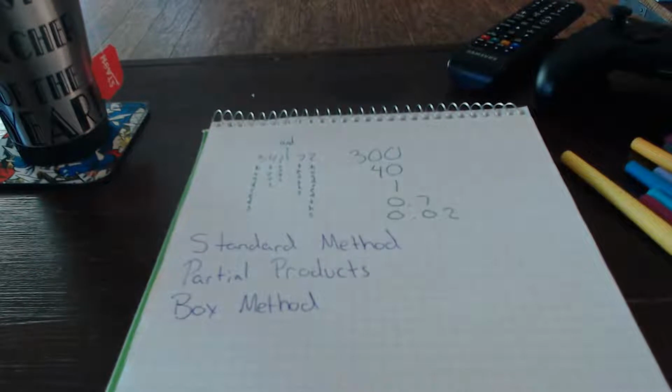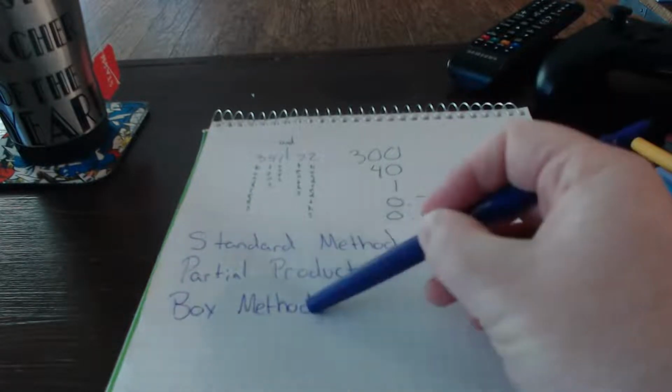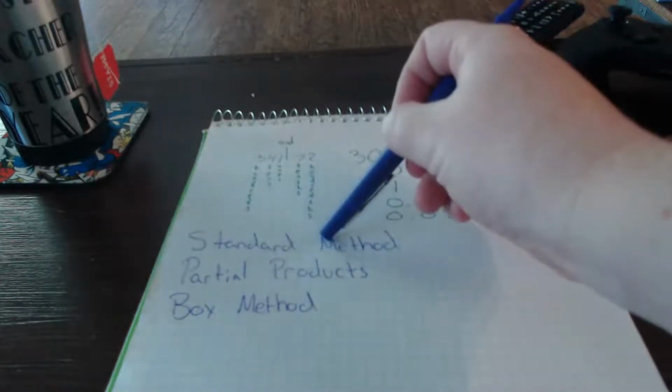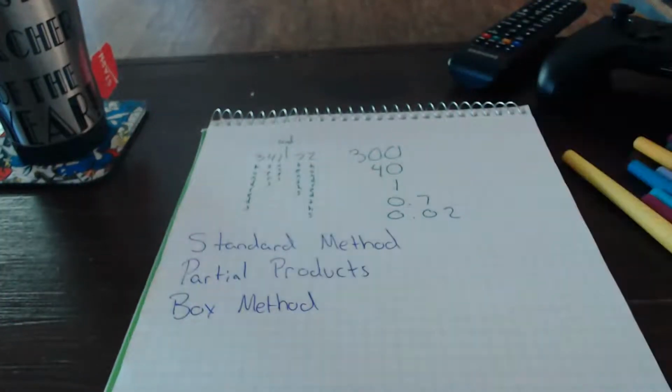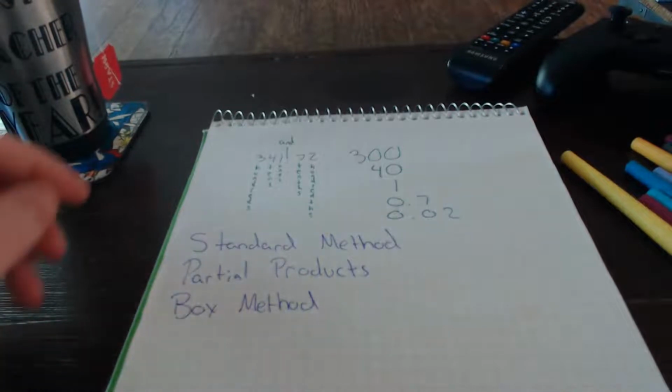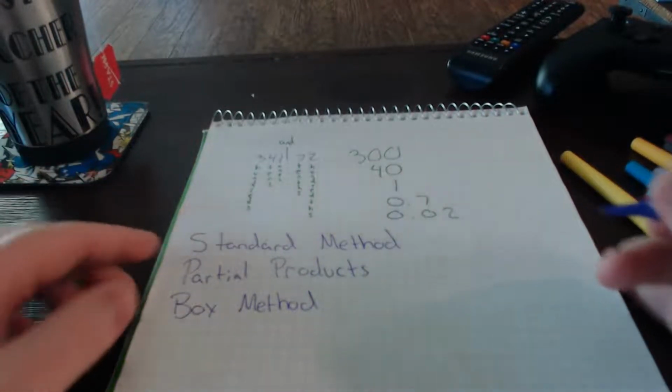So we have these 3 strategies we're going to go over today. I'm actually going to start with the box method, then do partial products, then do the standard method, even though I wrote them in that order. But we have the box method, so let's start with that.